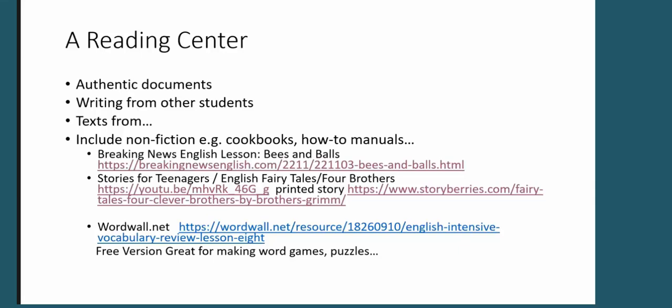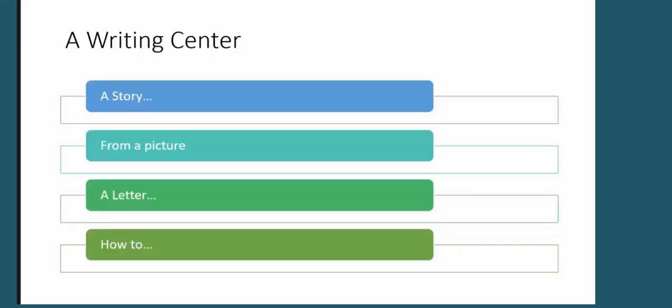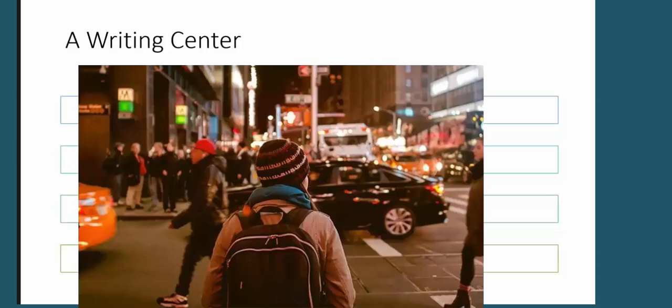The writing center, it's sometimes good to give them pictures. You might put 4 pictures, 1 for each student, or you might have them all do the same picture and put a picture with a lot of detail. And then students work together.